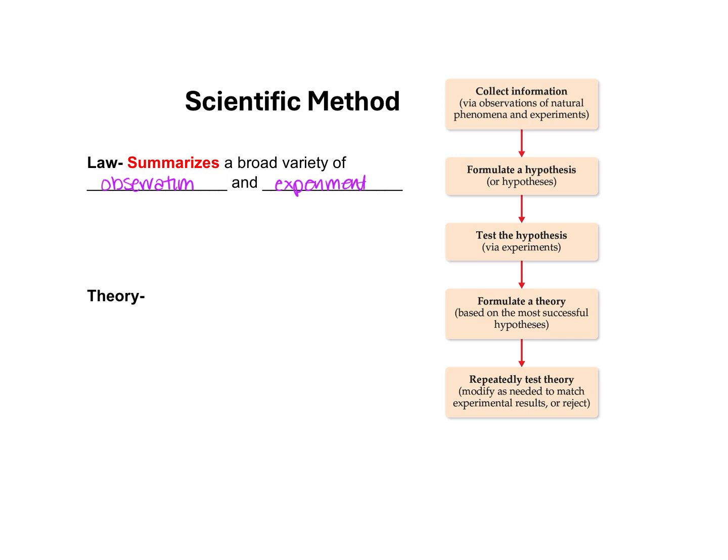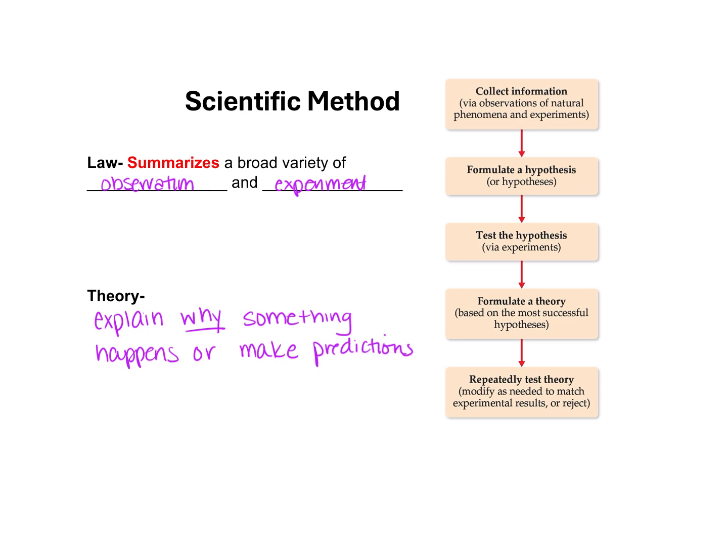Now, a theory will explain why something happens, or it will make predictions. And the big theory that we talk about in chemistry is atomic theory. We also run into some laws in some chemistry classes that are called gas laws.